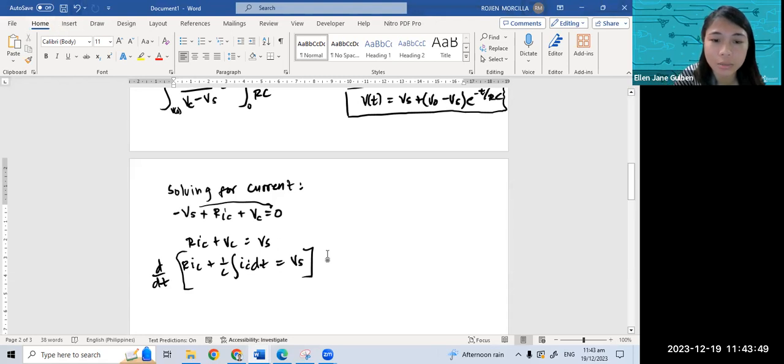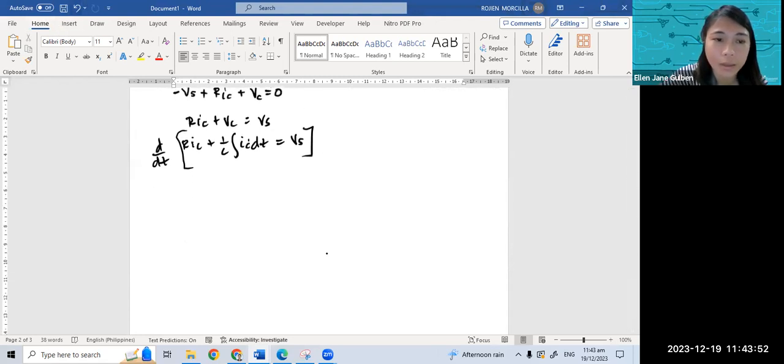Now this becomes R dIC/dt plus, derivative and integral is cancelled out, we get 1 over C IC. Derivative of constant is 0.